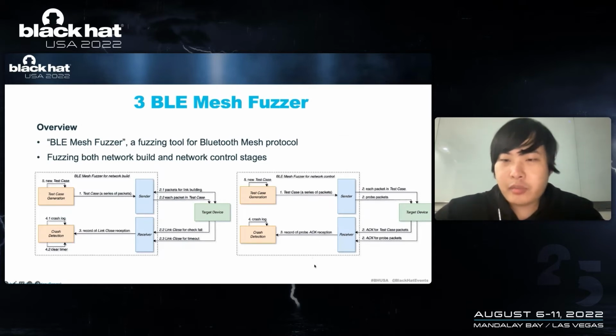In the third part, we will introduce BLE Mesh Fuzzer, a fuzzing tool we designed to find vulnerabilities in Bluetooth Mesh protocol implementations. Our goal is to fuzz both the network build and network control stages, so the BLE Mesh Fuzzer is composed of two corresponding subsystems.